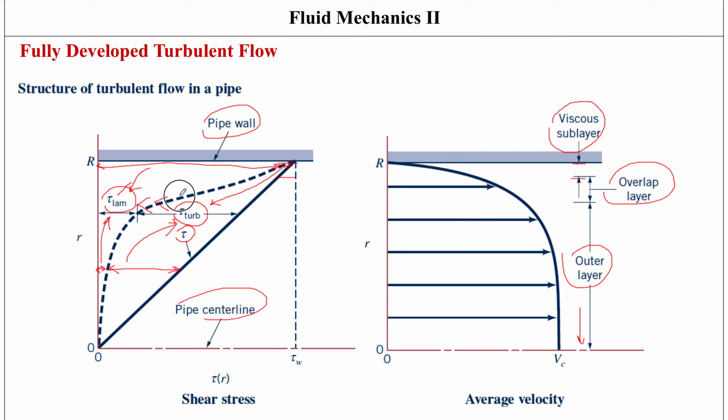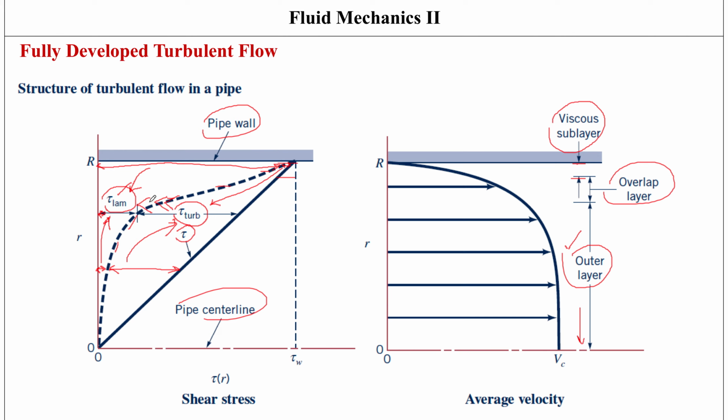So this is much, much higher than the laminar shear stress when we're looking at the outer layer. This dotted line here doesn't do justice to how big of a factor that is. It's actually very, very small, very minute here. But just for visualization's sake, so you could see better, this is how it's represented.